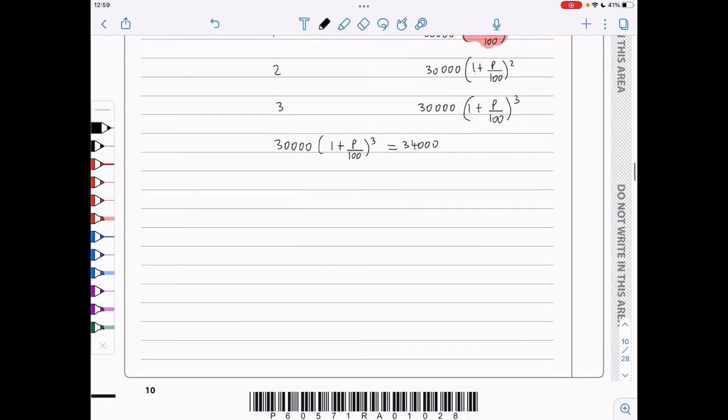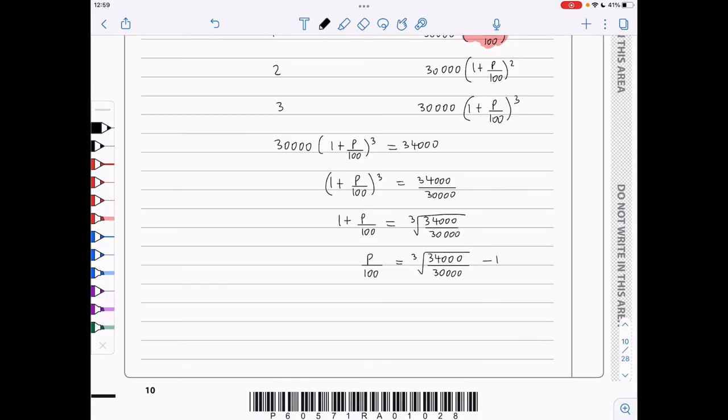I will divide by 30,000 to get 1 plus p over 100 to the power of 3 is 34,000 over 30,000, which means 1 plus p over 100 is the third root of 34,000 over 30,000, and therefore p over 100 is the third root of 34,000 over 30,000, take away 1.